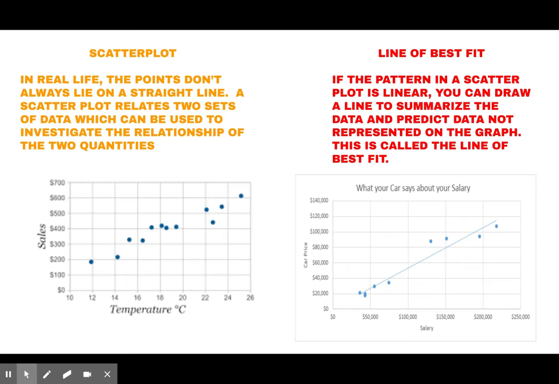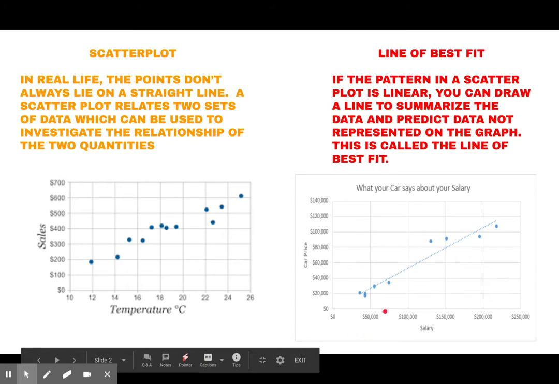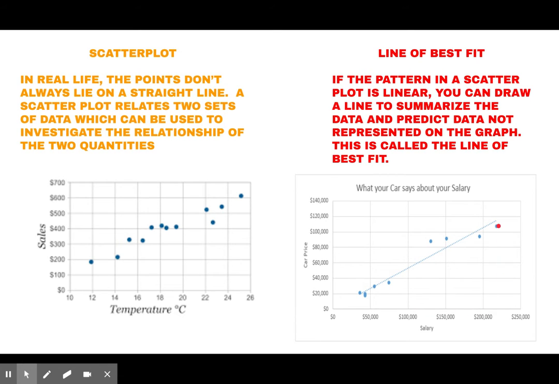Now, one of the things that we can use to help us in modeling and predicting change from a data set is what we call the line of best fit. By definition, if the pattern of the scatter plot is linear, you can draw a line to summarize the data and predict data not represented on the graph. As you see here, we have a graph showing that as your salary increases, the price of the car you're able to purchase increases as well.